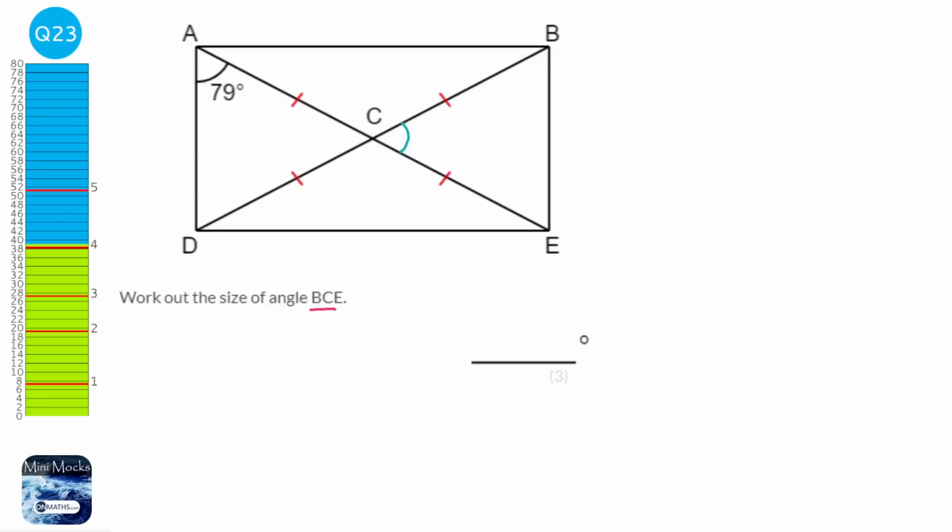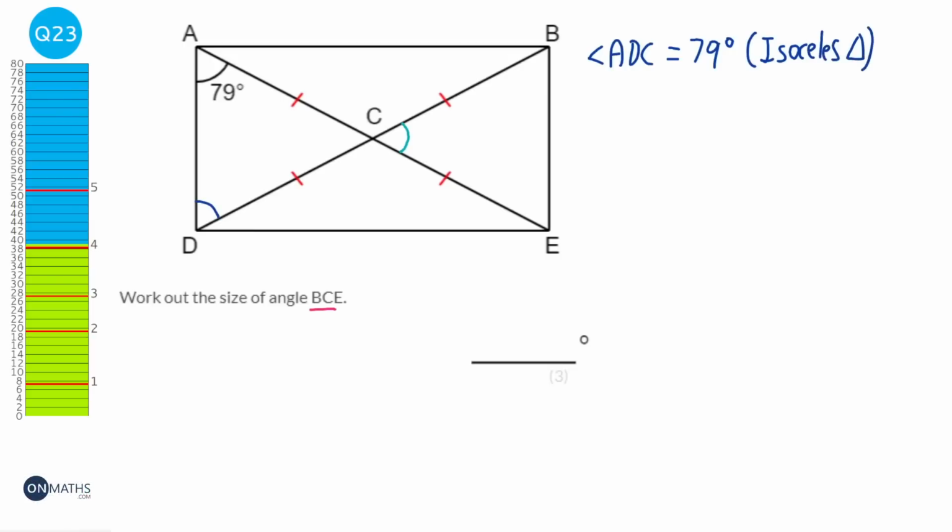Now, my advice for these kind of questions is always just try and work your way around the shape with angles you know. So, for instance, I'm going to start with this angle here. I'm going to call this angle ADC. And we know that that must be 79 degrees. And always write down the reason. And we know it is because that is an isosceles triangle.